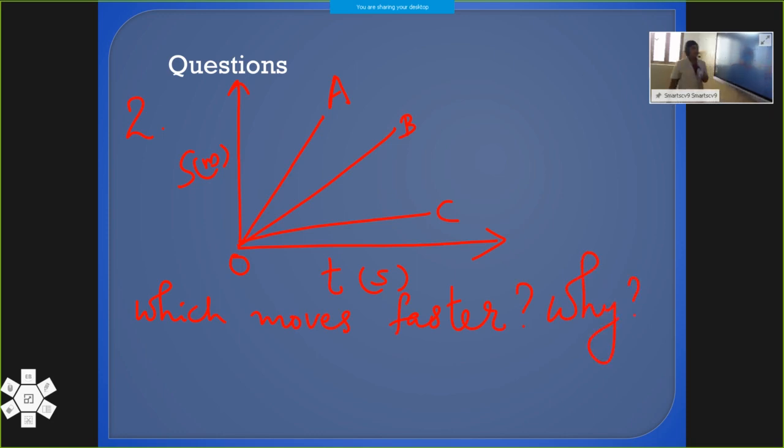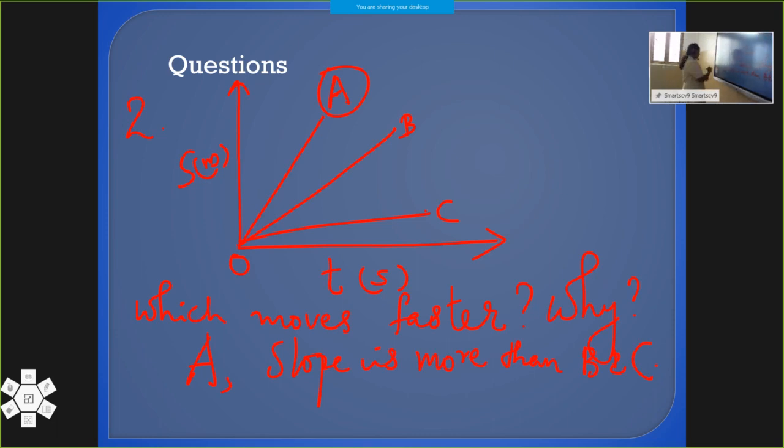At a glance we will be able to identify that OA has more slope than OB and OC. So object A moves faster because its slope is more than B and C. Okay, so it is clear.